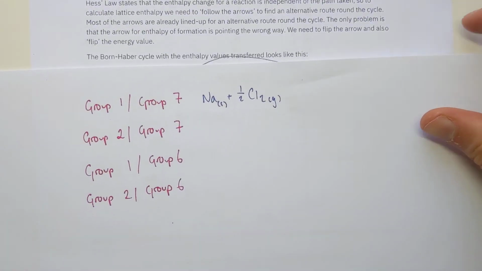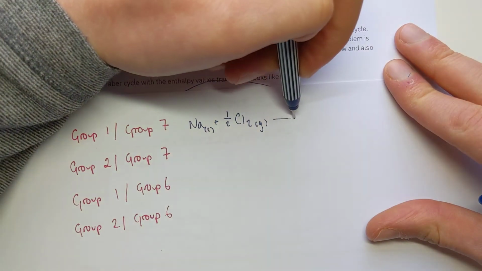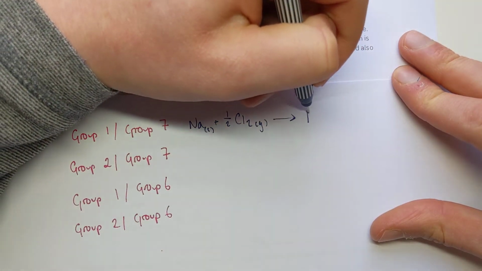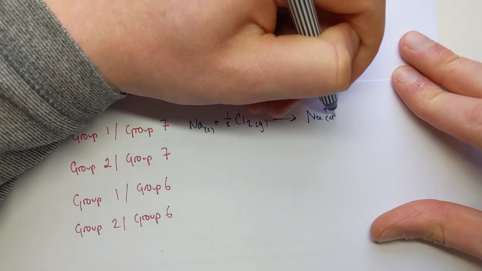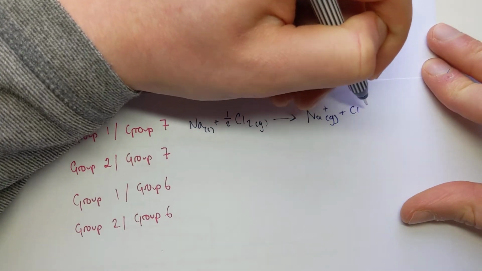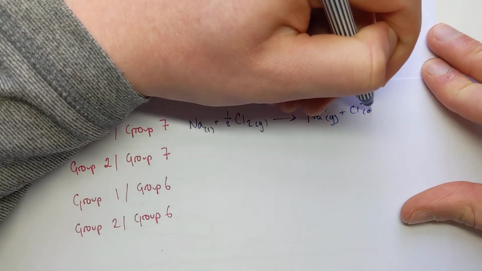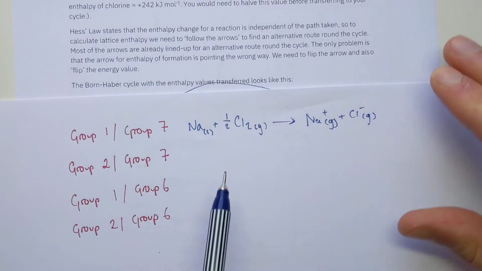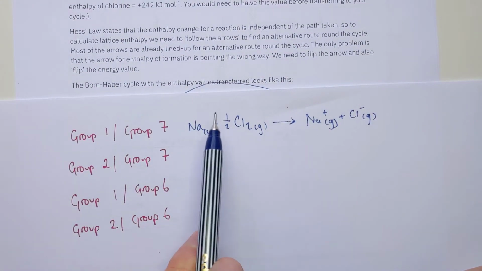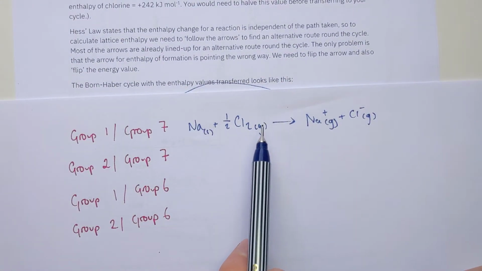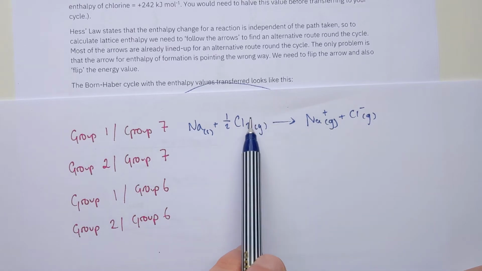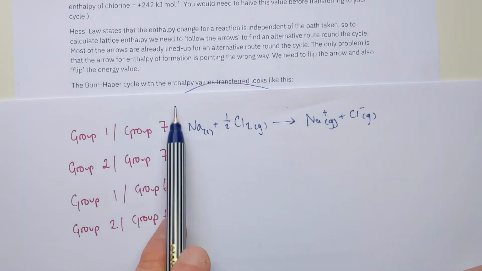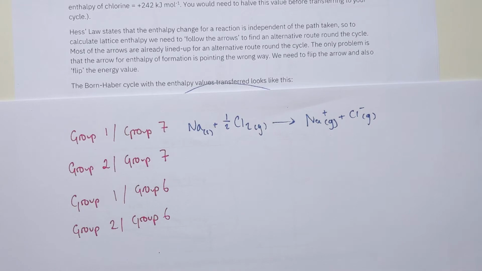In the simple first case, we were trying to work out the steps to go to a sodium ion as a gas and a single chloride ion as a gas. The steps involved were the atomization of sodium, the first ionization energy of sodium, the atomization of chlorine, and the first electron affinity of chlorine. So there are 4 steps we had to do for that conversion.